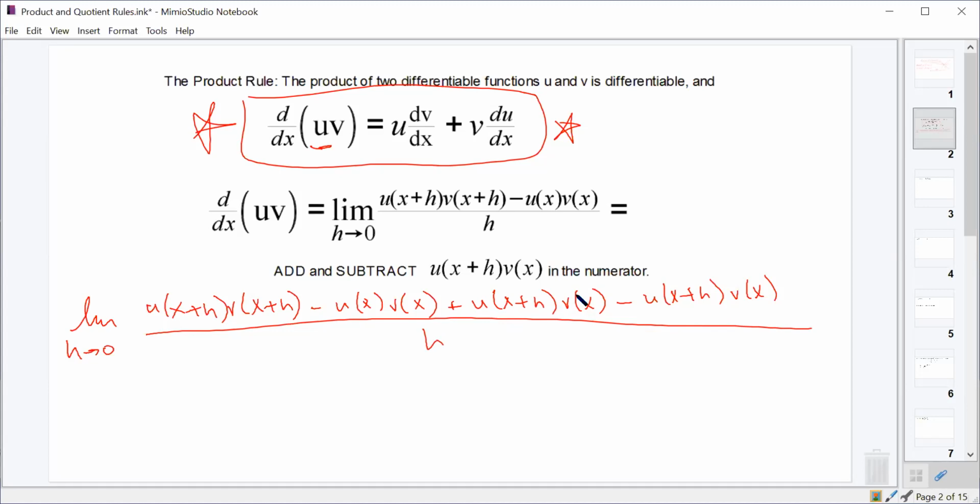True. So we've not really affected this in any way, other than we've added some extra terms that we can play around with to do some factoring.